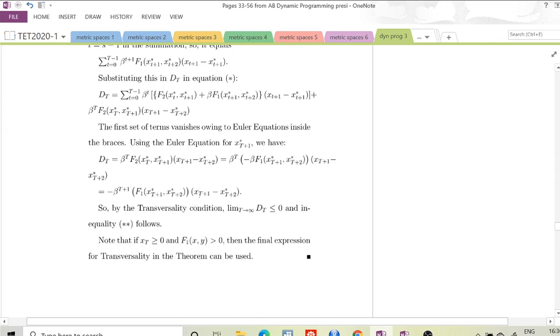this transversality condition. The condition is, so if I remove the, it doesn't matter whether it's a t here or a t plus 1. So if I just say beta to the t, f1 of x star t, x star t plus 1, times, or if you wish, dot, if these are vector derivatives, right?